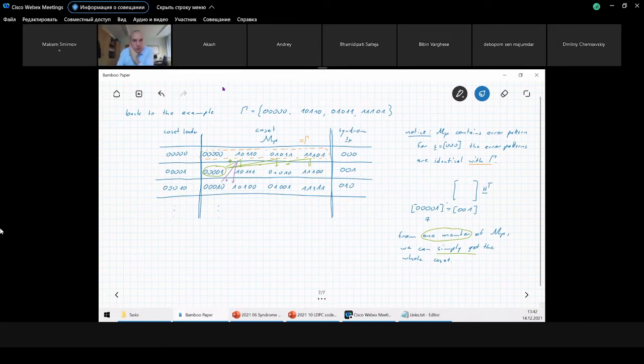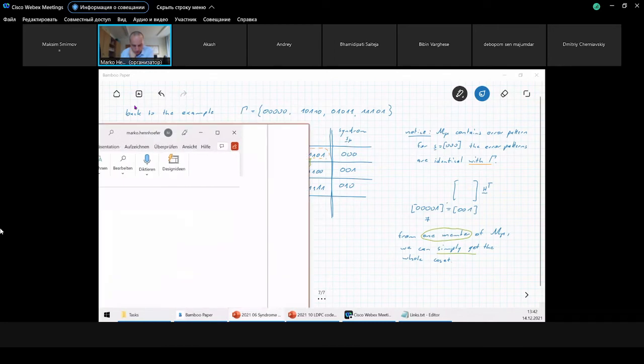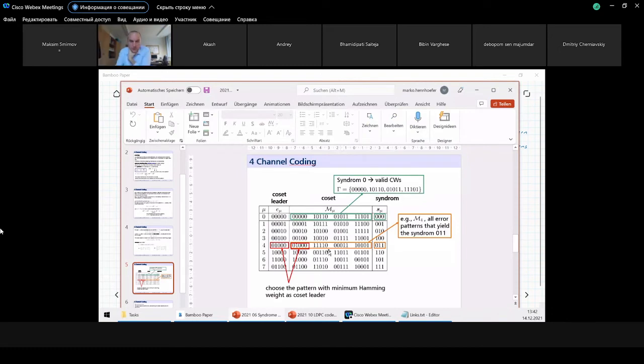Maybe it's good to show you this also on the lecture slide. Here you see the complete coset table with the coset leaders always chosen. The last two rows are interesting because we have difficulty selecting the coset leader, since we have two patterns containing two ones.